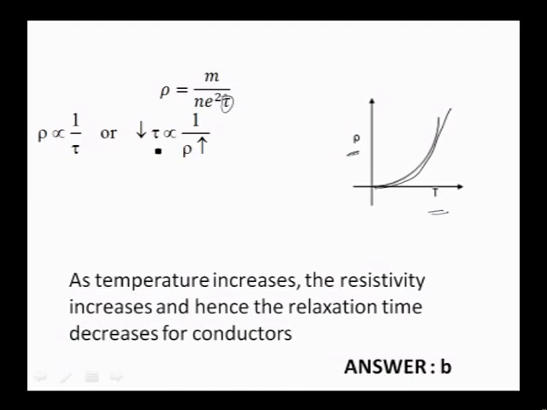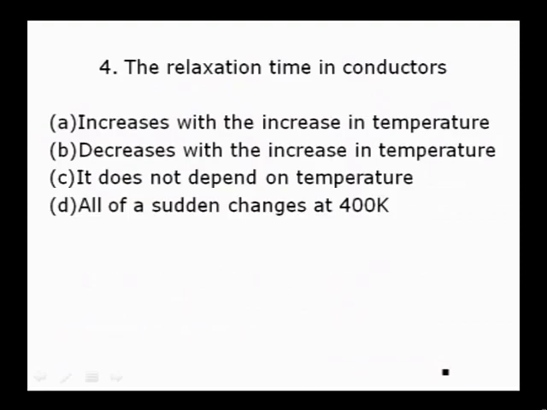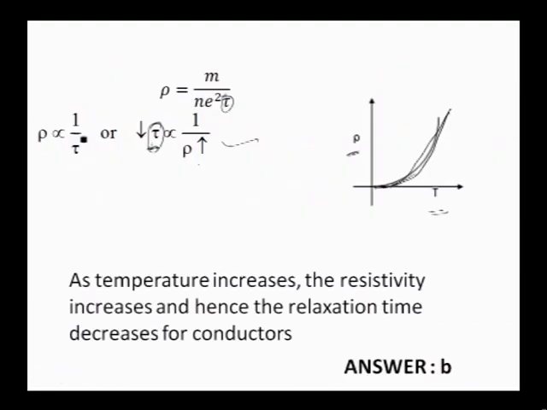Okay, here relaxation time and resistivity are inversely related. If resistivity increases, relaxation time decreases. As the temperature increases, the resistivity increases, and hence the relaxation time decreases in a conductor. Therefore, the correct option is B. This is the correct option.